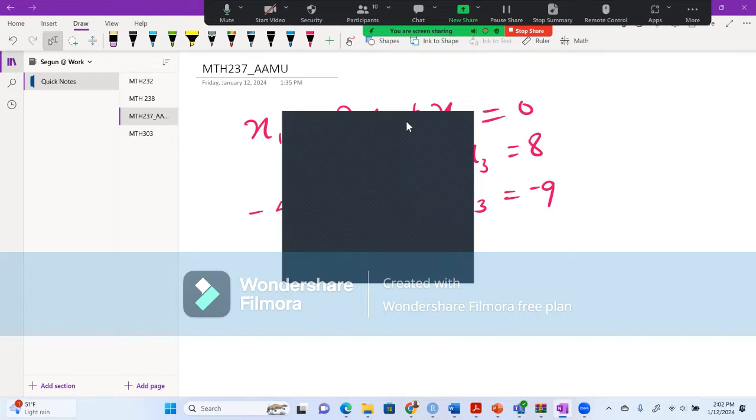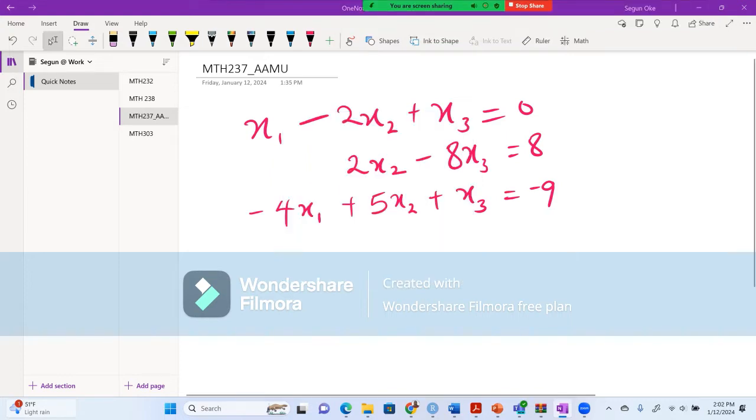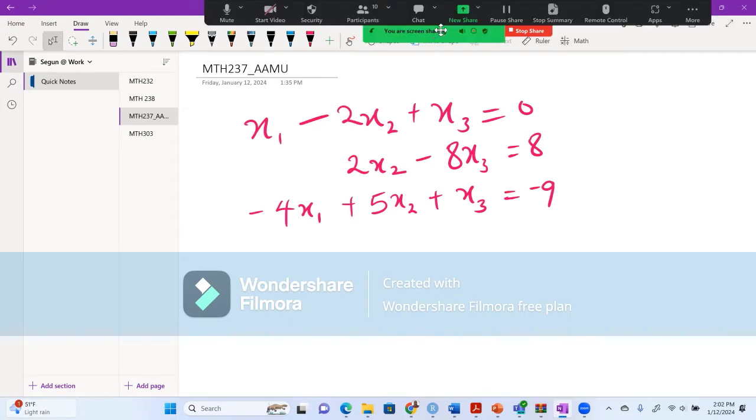So today, we'll be using this particular method of solving it. Let's extract all our coefficients out. This is equation 1, equation 2, equation 3.